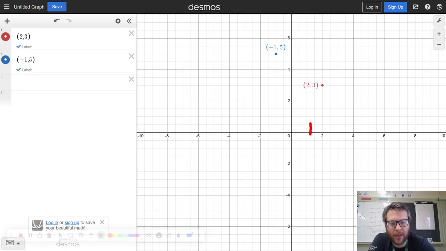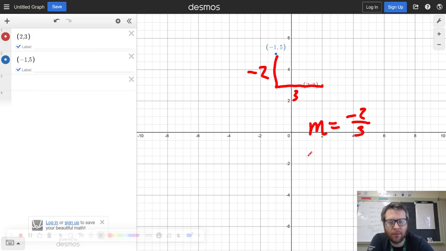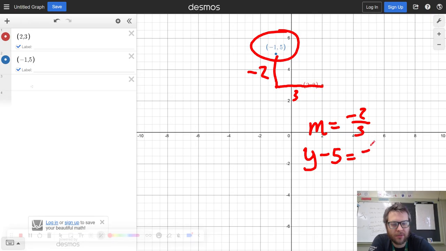You think, all right, so the slope is going to be the rise over the run. So this one, I think, okay, goes down 2, goes over 3, so down 2, over 3. And then you find the y-intercept, or you use point-slope form, whichever one you like more. If you did point-slope form, maybe using this point, you could say y minus 5 is -2/3 times (x plus 1), or you could have used the point (2, 3), and you would have got an equivalent equation.